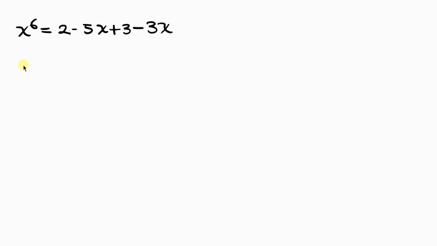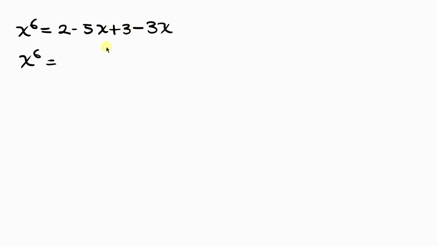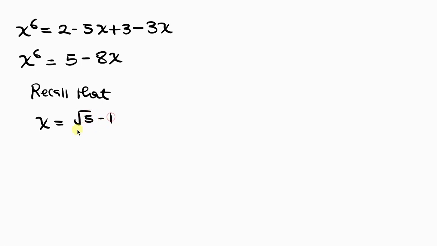So simplifying further, we have x to the 6 to be equal to, now 2 plus 3 is 5. And now negative 5x, negative 3x gives negative 8x. Now recall, so let me write here, recall that from equation 1, we said let x be equal to the square root of 5 minus 1 all over 2.